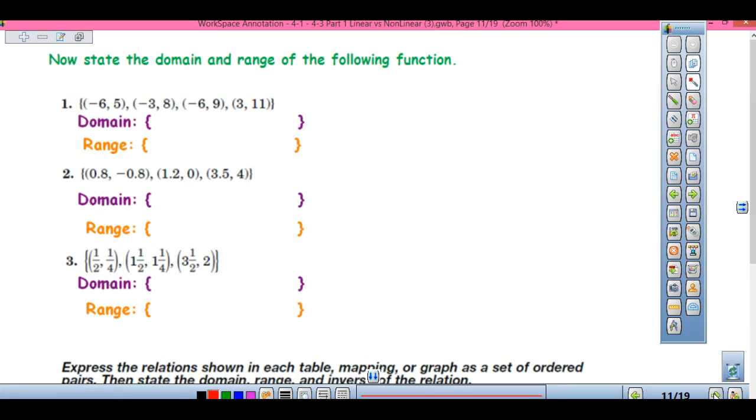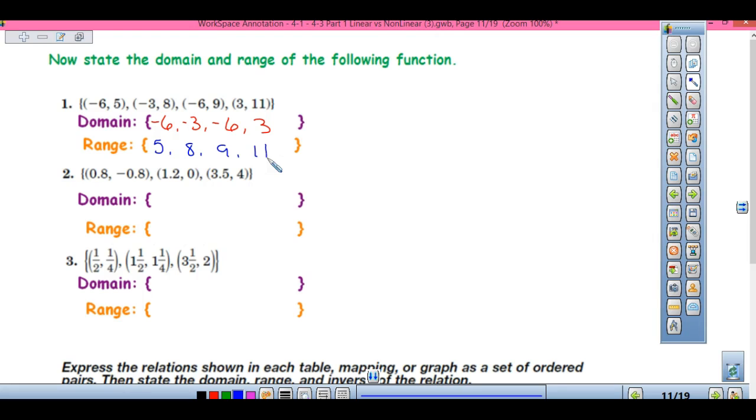All right, so let's look at this guy. We've got 4 ordered pairs. Our domain is what? Negative 6, negative 3, negative 6, and 3. Our range is 5, 8, 9, and 11.